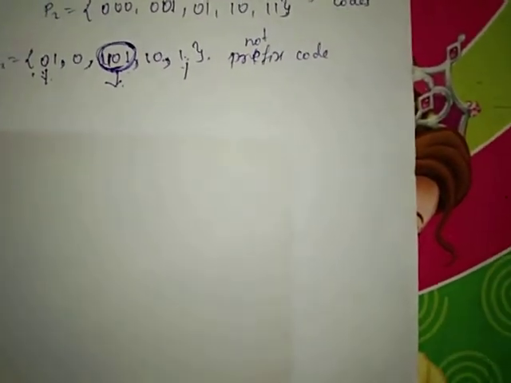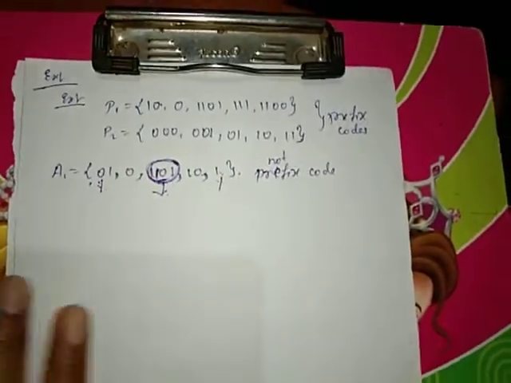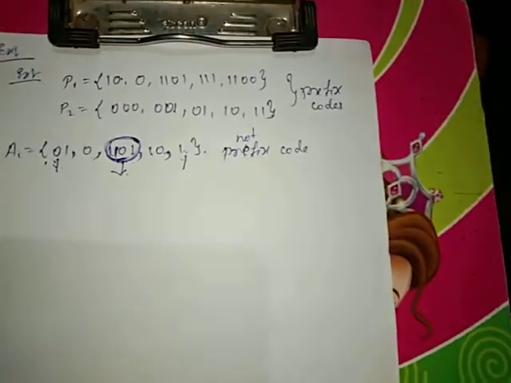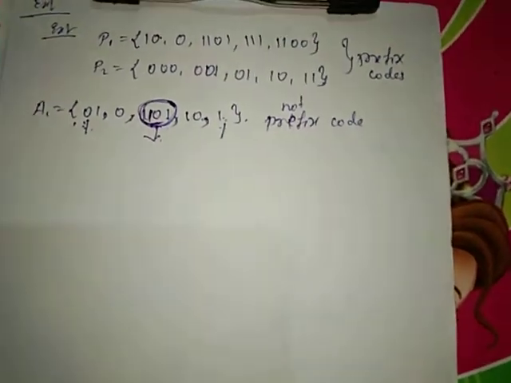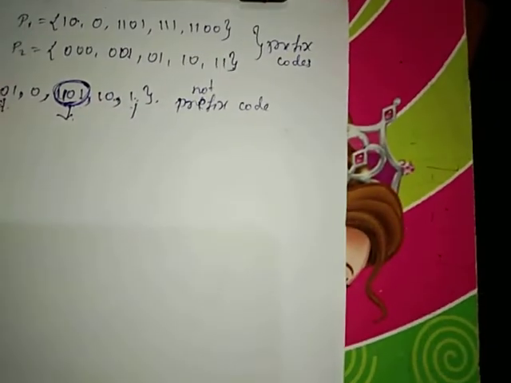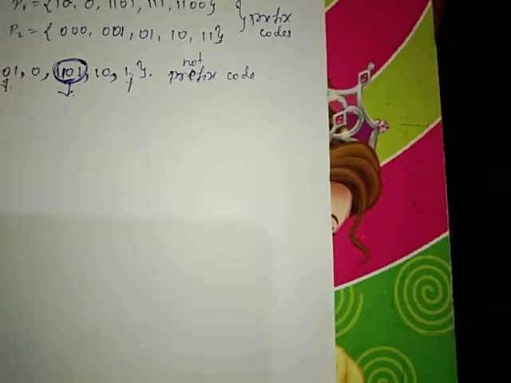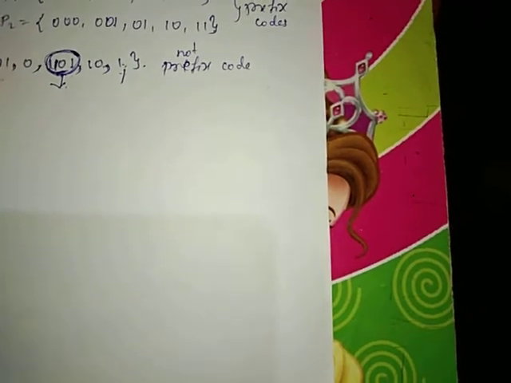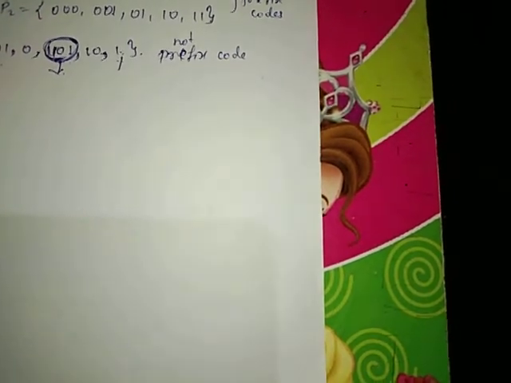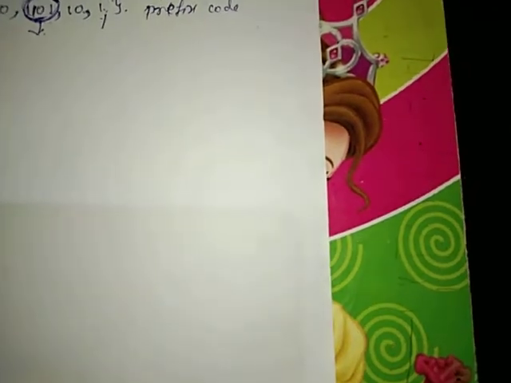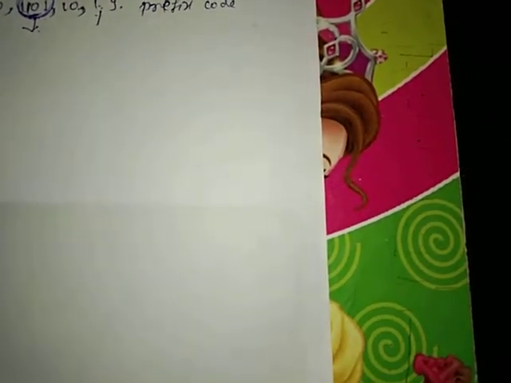So the next one is, we can express these prefix codes in the form of trees. Here these prefix codes can also be formed as binary trees. So the prefix codes can be represented in binary trees. In this code, the longest sequence has a length 3.